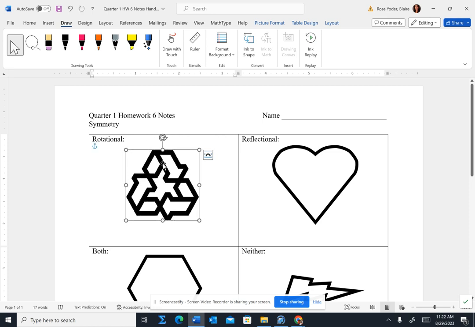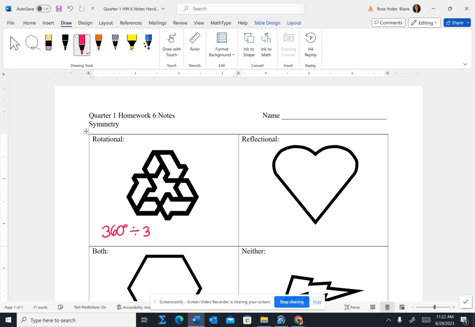If you rotate something a full revolution, that's 360 degrees. Well, this one, there's 3 different rotations that you can do before the image gets back to where it started. So if you want to know the number of degrees of rotational symmetry, we can go 360 degrees divided by 3.